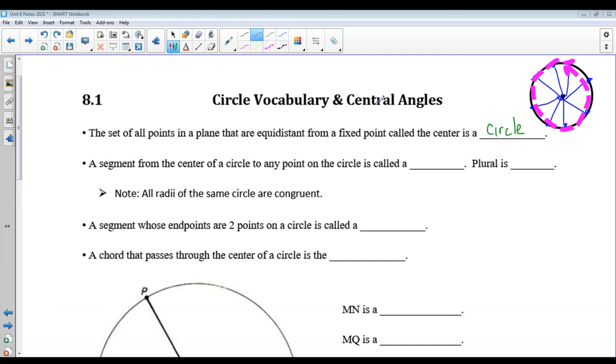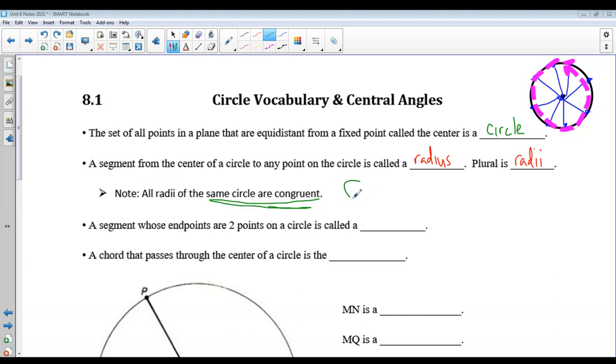All right. So a segment from the center of the circle to a point on the circle is called a radius. So all those blue lines I drew up there are called a radius, or plural radii. Note that all radii of the same circle are congruent.